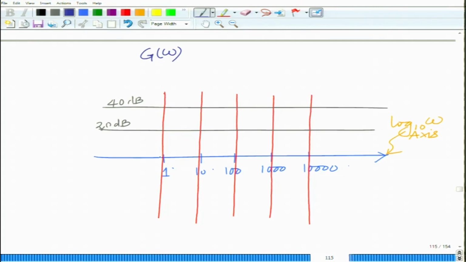Okay. So, for omega much smaller than 100, this is basically 0 dB, and for omega much larger than 100, it increases as 20 dB per decade. So, when it goes from 100 to 1000, it goes to 20 dB. When it goes from 1000 to 10,000, it goes up by another 20 dB. So, this is the 20 dB per decade increase.